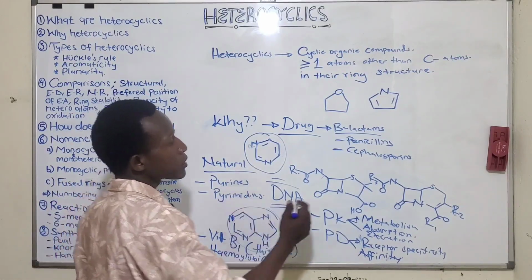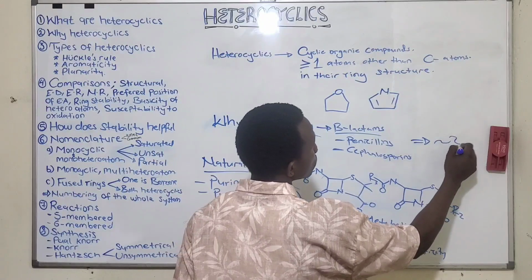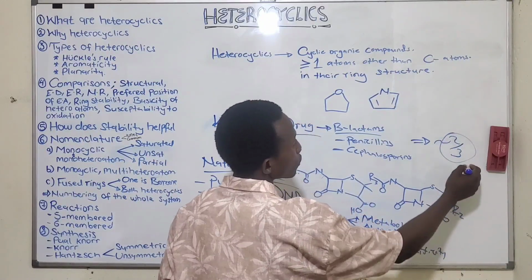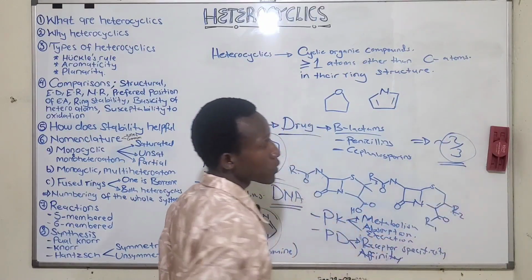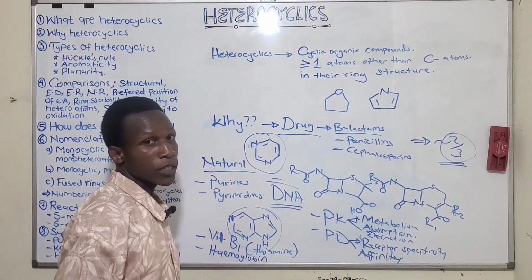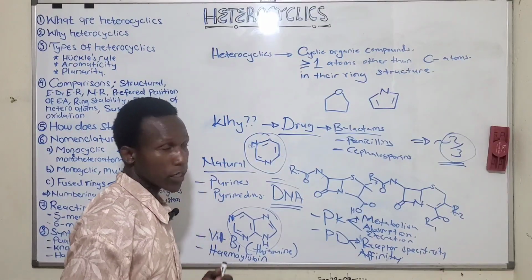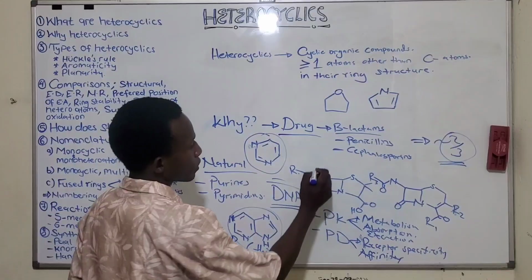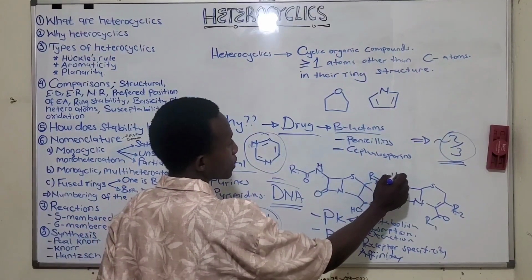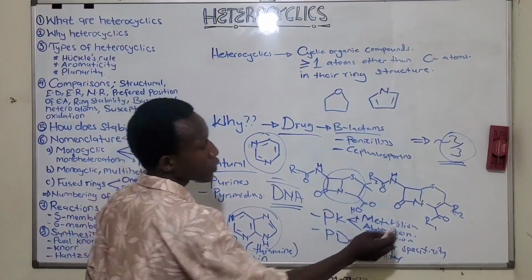Heterocyclics make up approximately 2/3 of the natural organic compounds. So without heterocyclics, no life. So we need to study heterocyclics. Here we have hydrogen and hydrogen, but our concentration is on the heterocyclics.